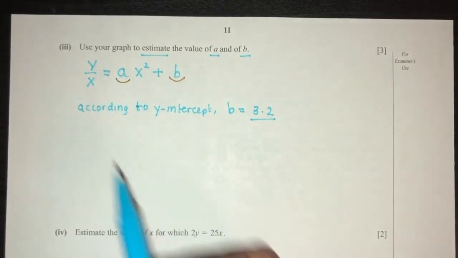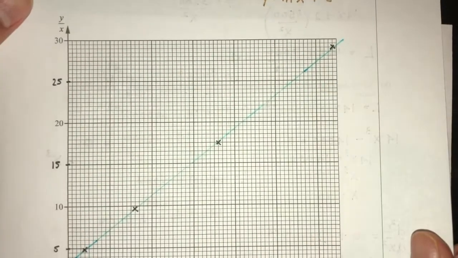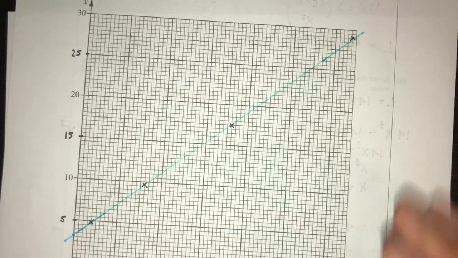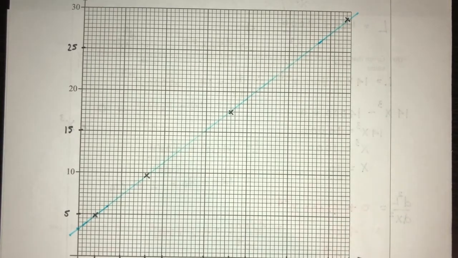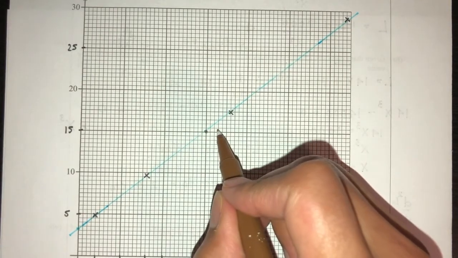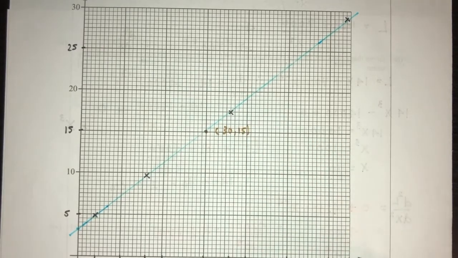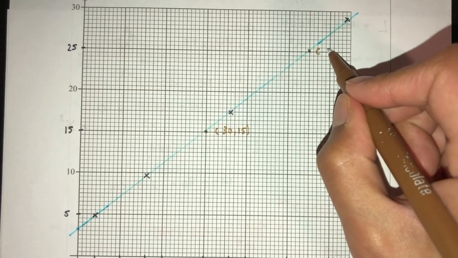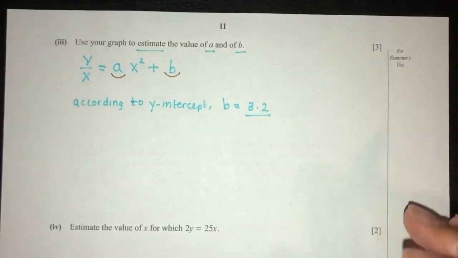A is the gradient. To find the gradient, we have to have 2 points on your graph. So what 2 points do you want to take? You can choose your points depending on your preference. You can choose the points that are given to you as well. So I will choose this point here, which is 30 and 15, and I will choose this one here, which is 55 and 25. So let me write this down again.